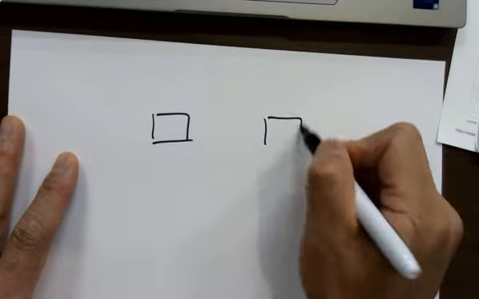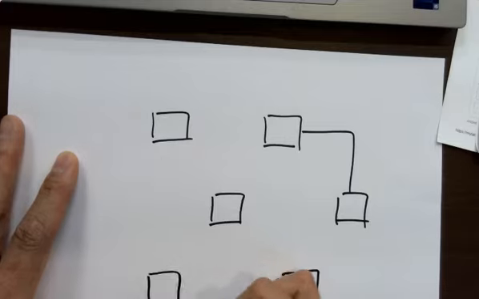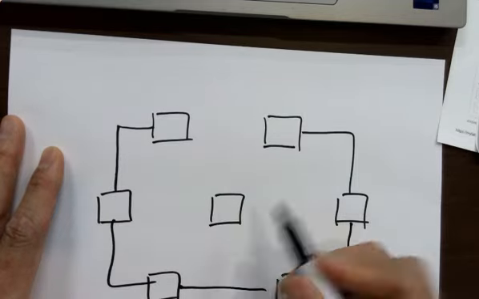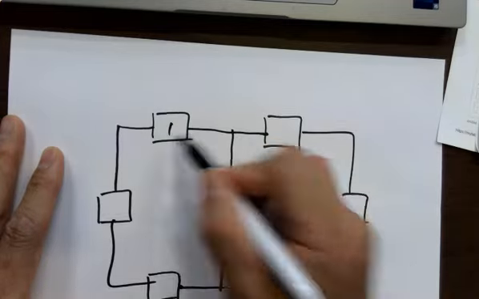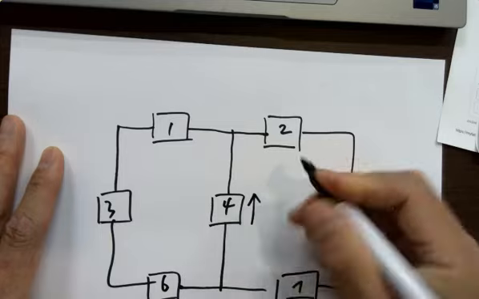Let me grab another problem. Here are currents I1 through I7 labeled that way.